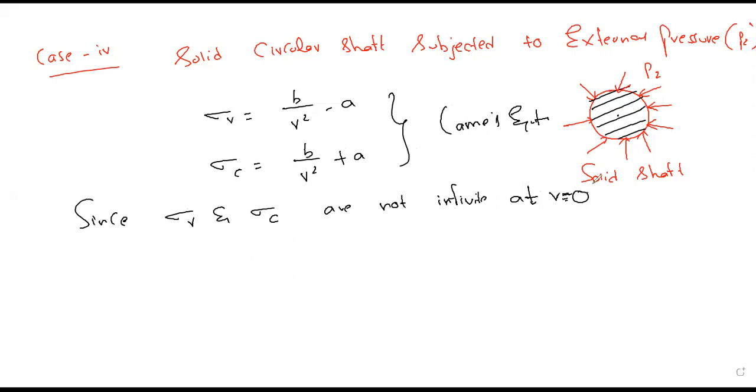Because there is no internal radius at all. There is only a solid shaft which is subjected to external pressure. So by taking your radius as 0, because there is no radius at all, your sigma R will be minus A and sigma C will be just A.